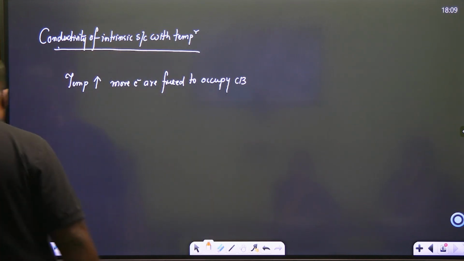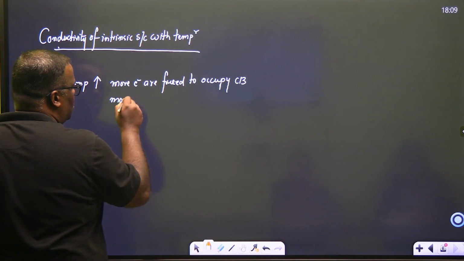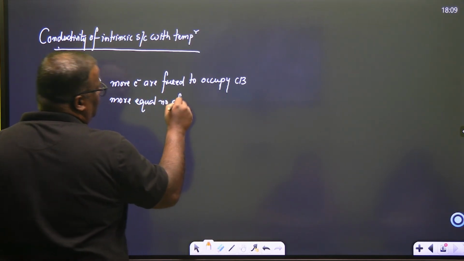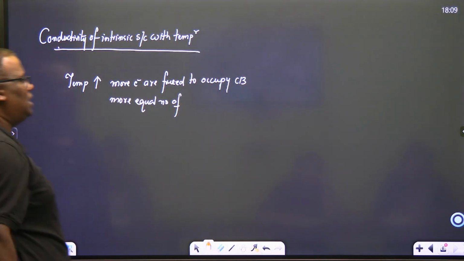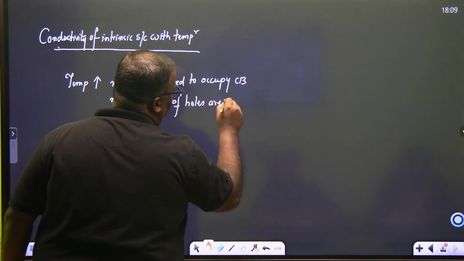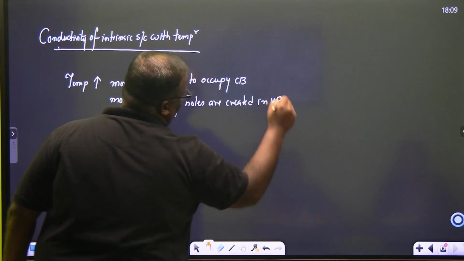This is number one. See, the first thing you studied in the previous class also, but the second statement you are studying now: more, an equal number of holes are created in the valence band.